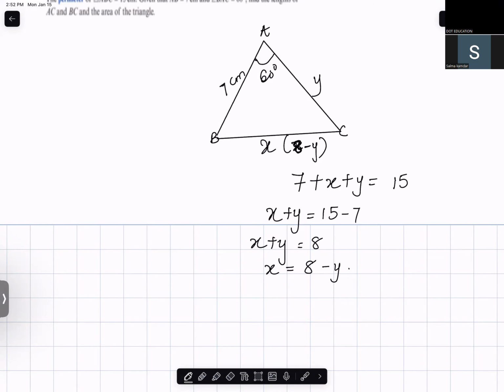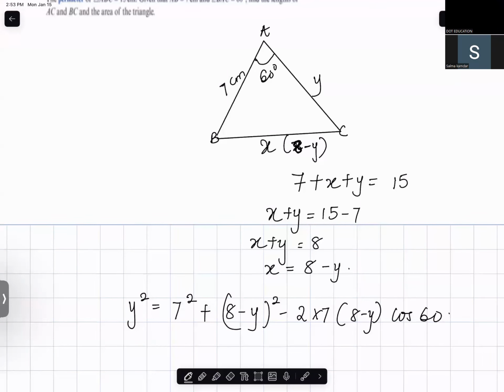So I'm going to have y squared is equal to 7 squared plus (8 minus y) squared minus 2 multiply 7 multiply (8 minus y) cos 60.